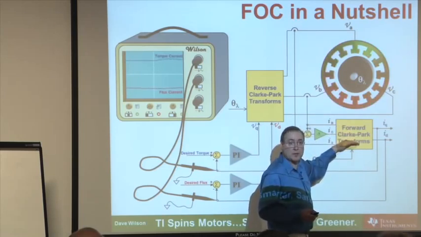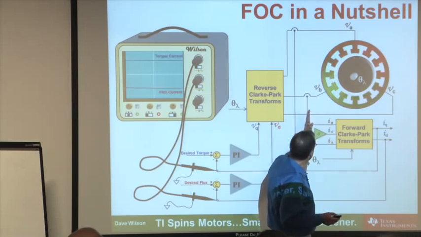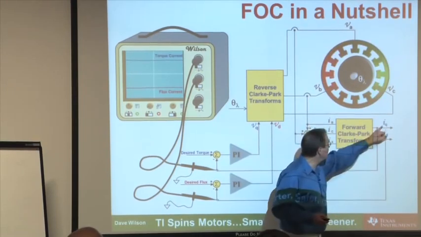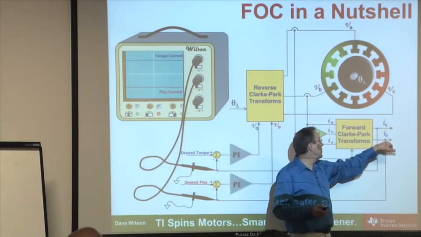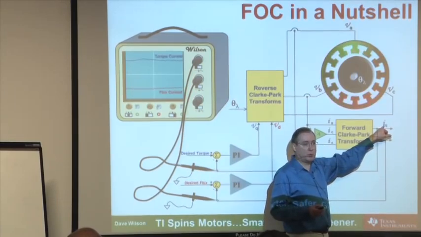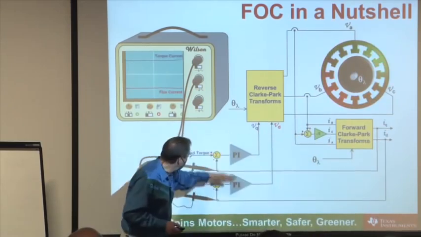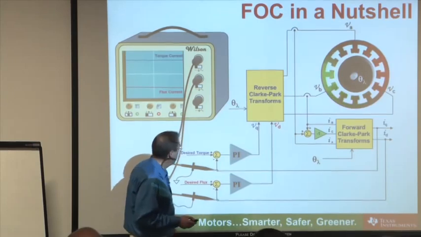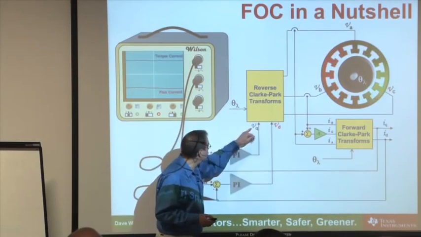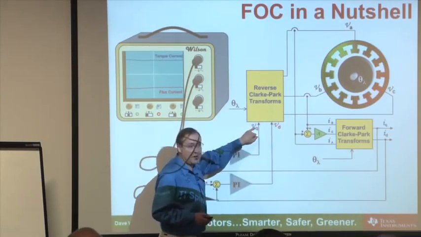What we end up with on the output is a vector representation of those 3 current waveforms: a component directly aligned with the rotor flux and a component in quadrature to the rotor flux. I regulate those independently with separate PI controllers to generate 2 correction voltages, VD and VQ.